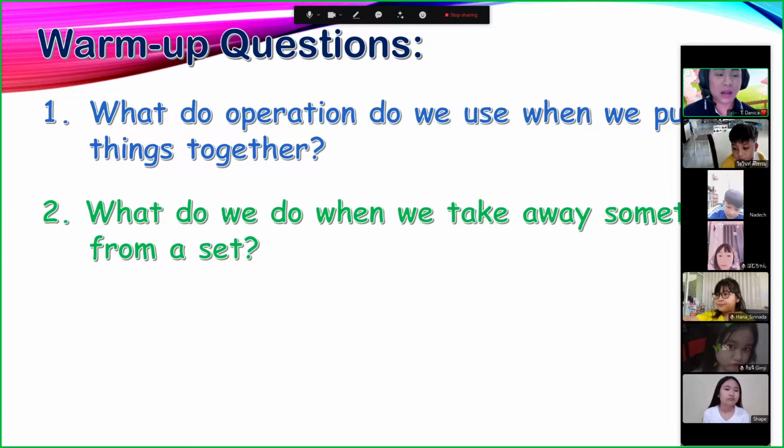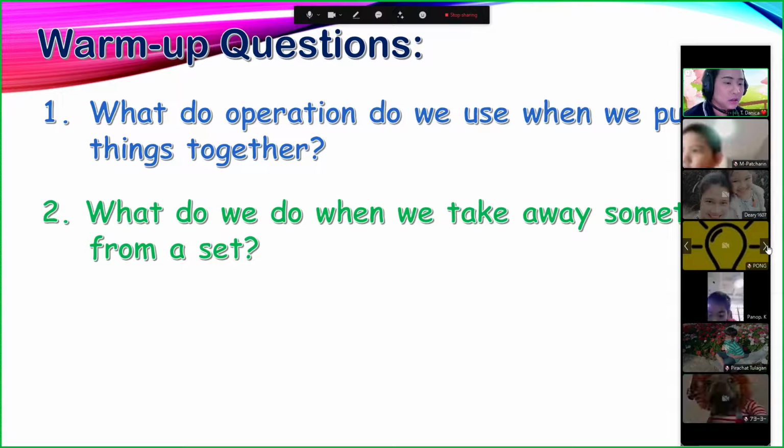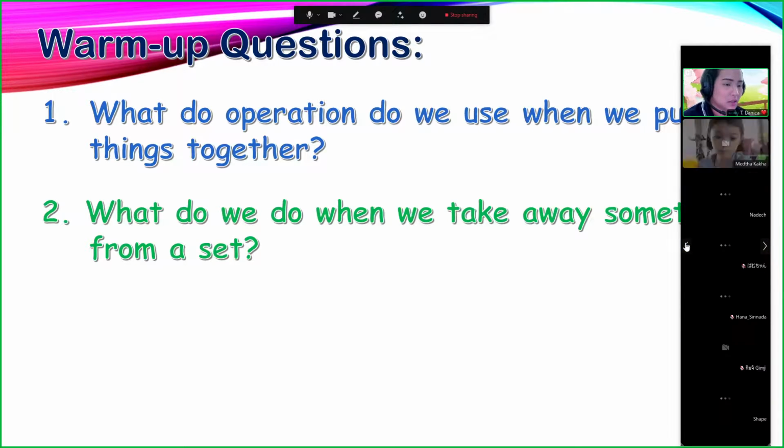If you take away 2 bananas, what operation do we use? Minus or subtraction. Very good. When you want to take away, that is subtraction.